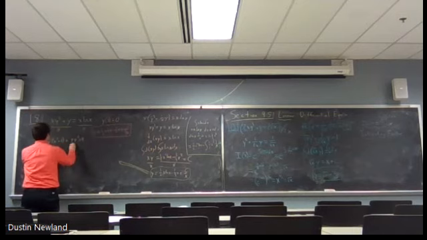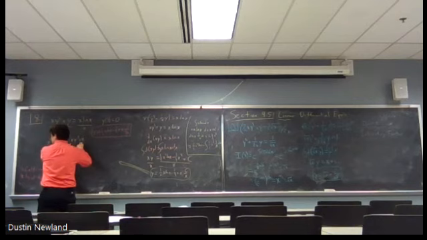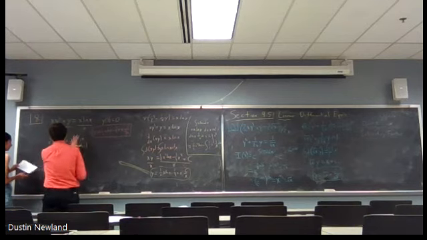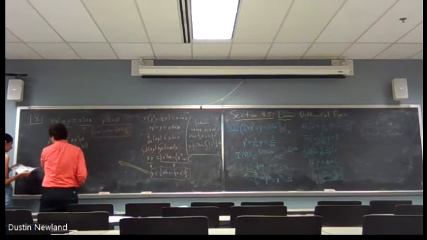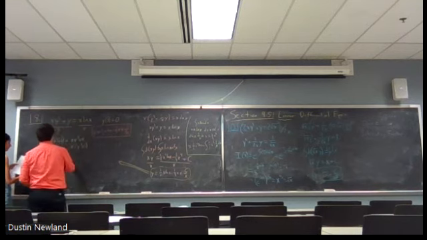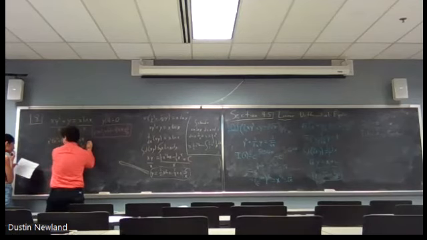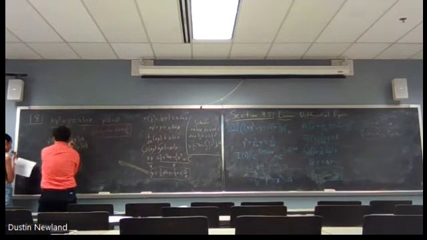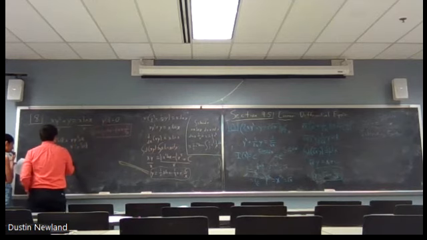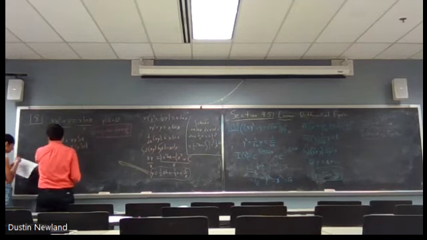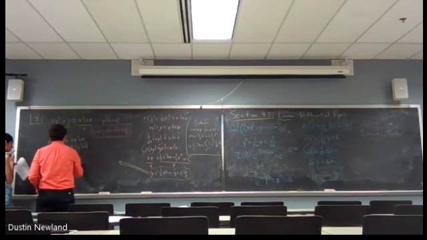So you can factor. Now I want to take everything that has an x in it and put it on one side, and everything that has a y in it on the other side. So I'm going to have y prime over, this is multiplying over here, so I'm going to divide it. And then I want to move the x over here, so I have x over x squared plus 1.